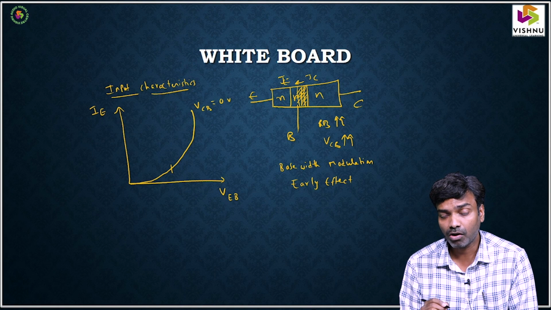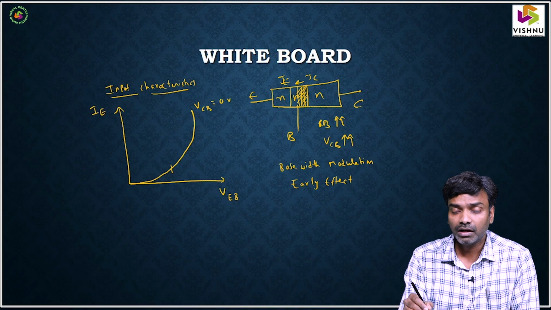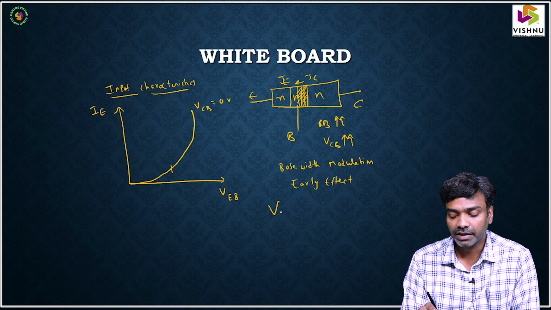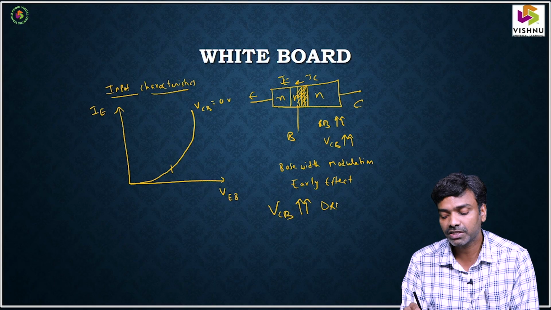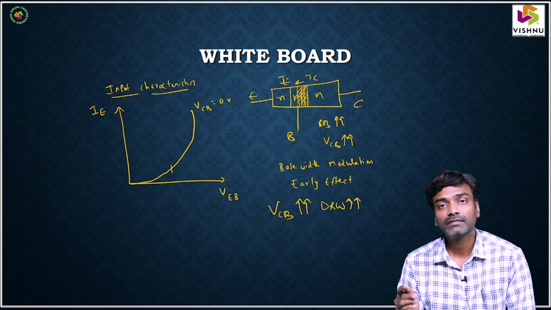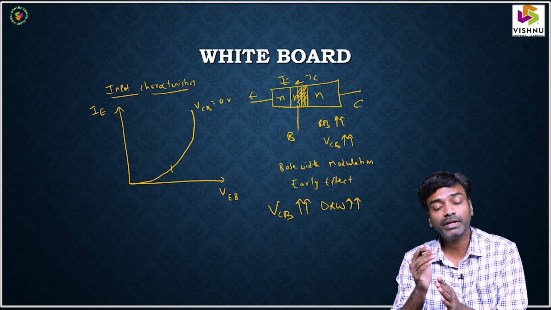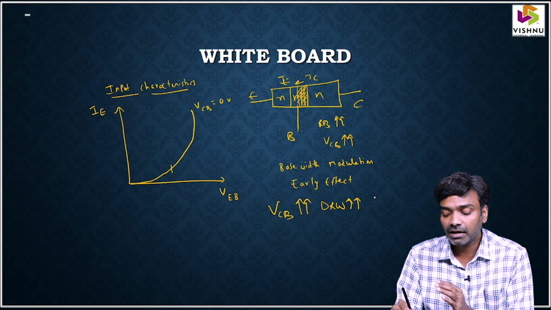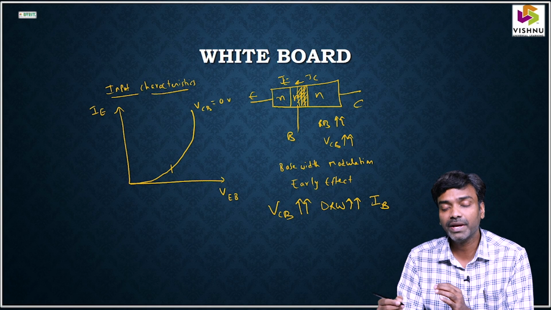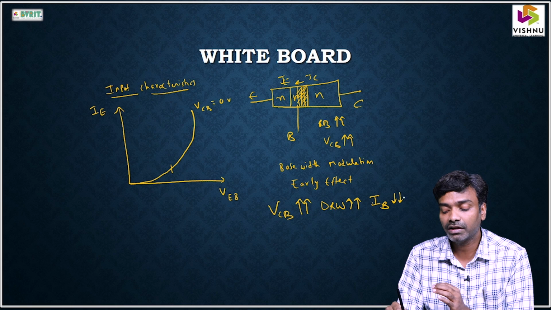Due to Early effect or base width modulation, when we increase this reverse bias voltage, this will increase the depletion region width. Since the base region is going to be reduced, it will decrease the recombination current in the base region, hence IB will reduce.